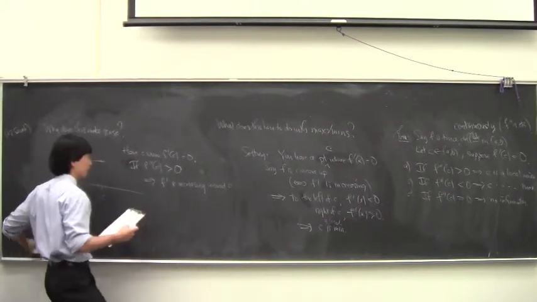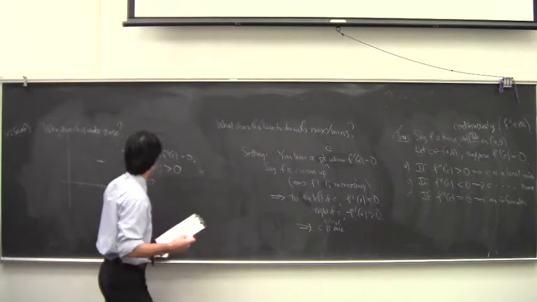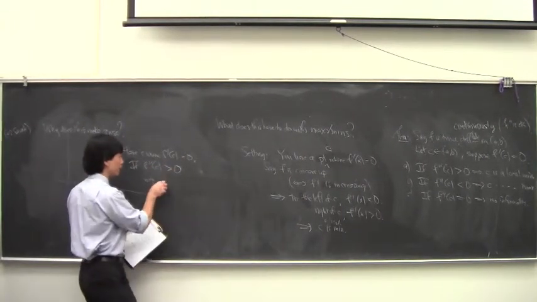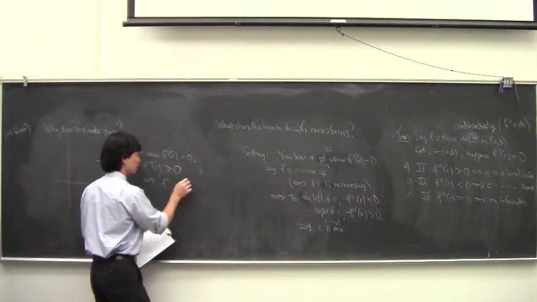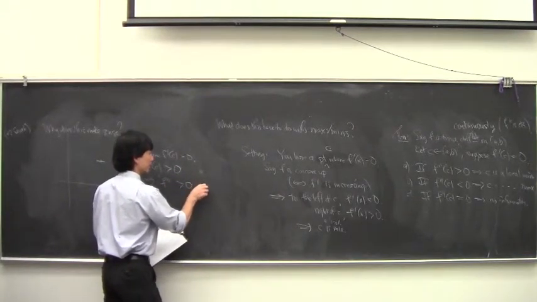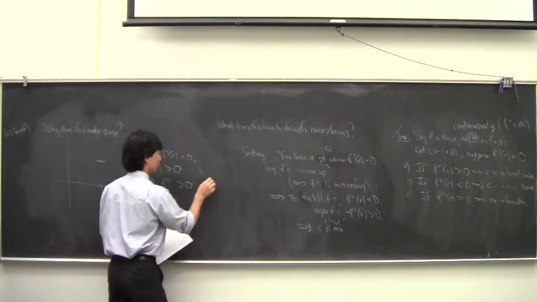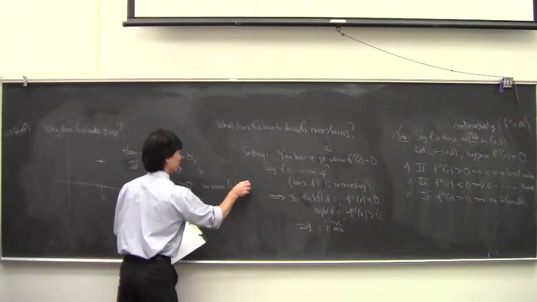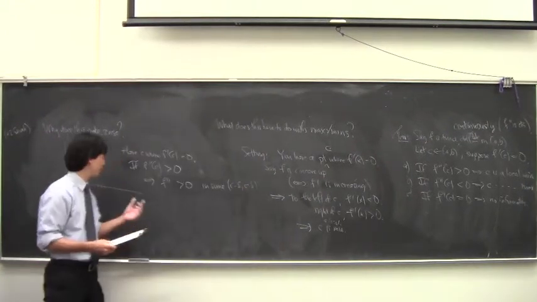Now let me say it this way. If f double prime is bigger than 0 somewhere, then f double prime is bigger than 0 around c, in some neighborhood of c, in c minus delta, c plus delta.